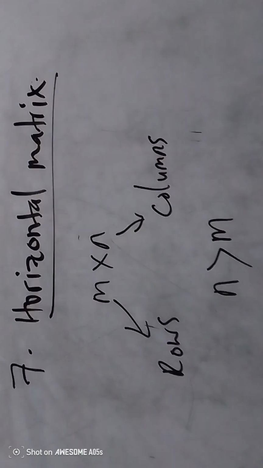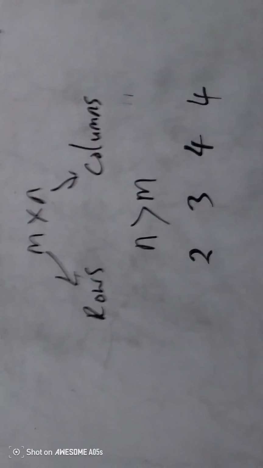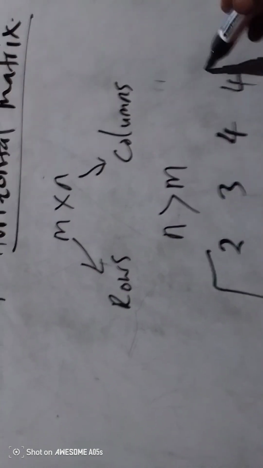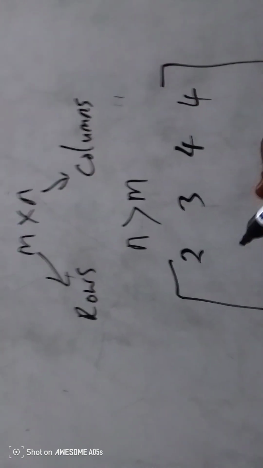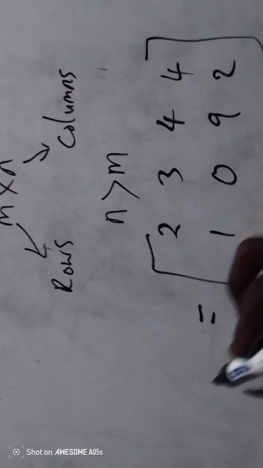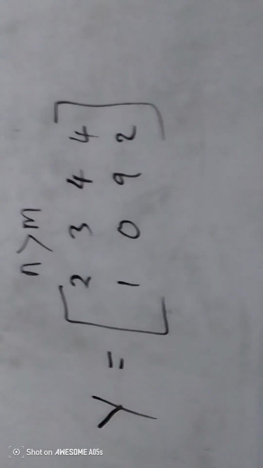So for instance, if you have got this as your matrix, and then we are having this as a matrix Y. This matrix is going to be called horizontal. Why?